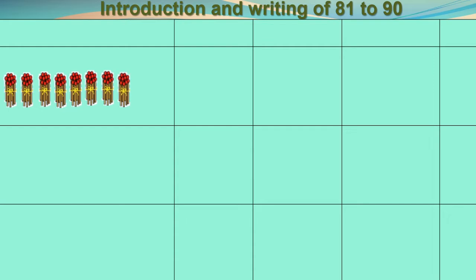Means here we can see 8 bundles of matchsticks. You know that each bundle has 10 matchsticks, right? Means here we can see 80 matchsticks. We know the numbers, how to read and how to write up to 80.